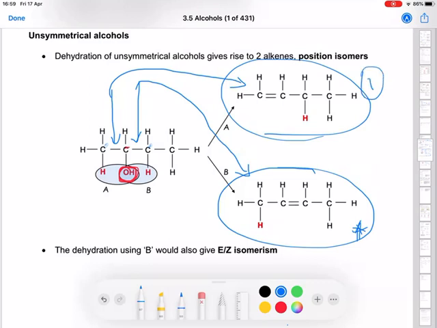So one of them will be that. The second one would be the E isomer, and the third one would be the Z isomer of this alkene down here.